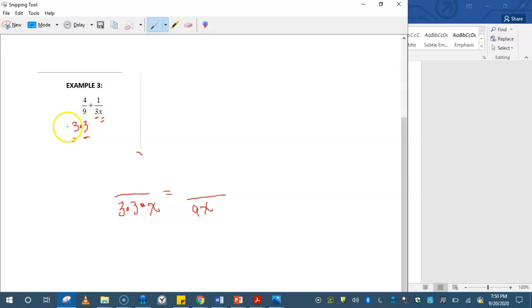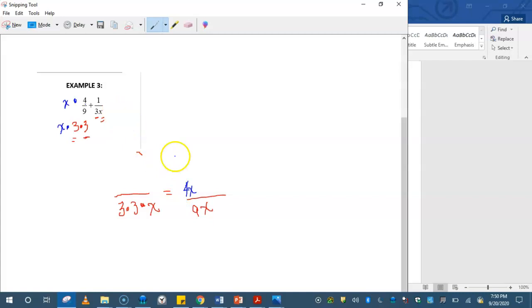So I have to multiply this denominator by an x, and I gotta multiply the numerator by an x. So I know for the numerator of my superfraction, for the first part, it's going to be a 4 times x. And I can just bring that down. It's going to be a 4x.